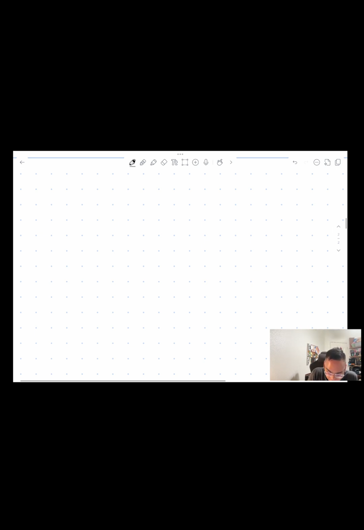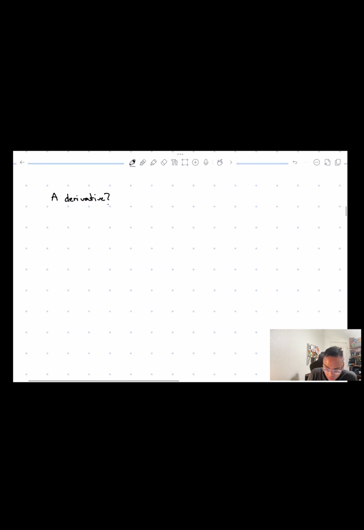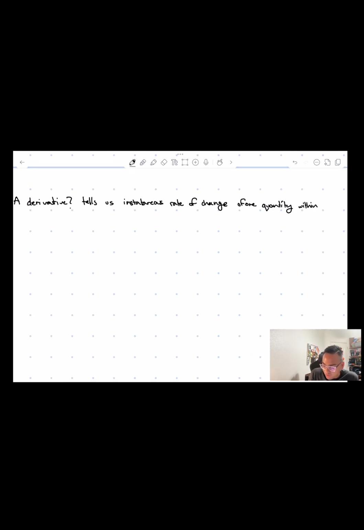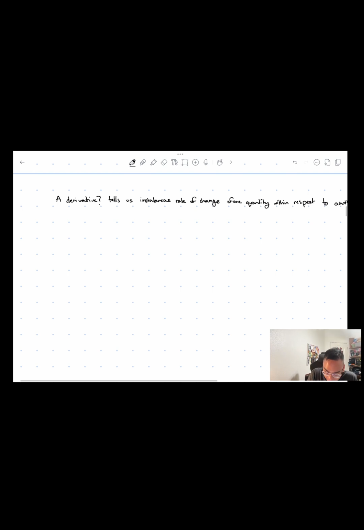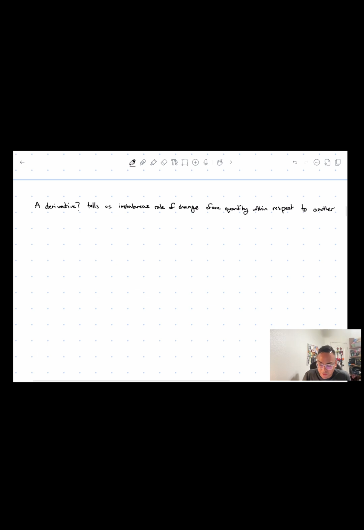Well, a derivative in its basic summary is going to tell us the instantaneous rate of change of one quantity with respect to another.